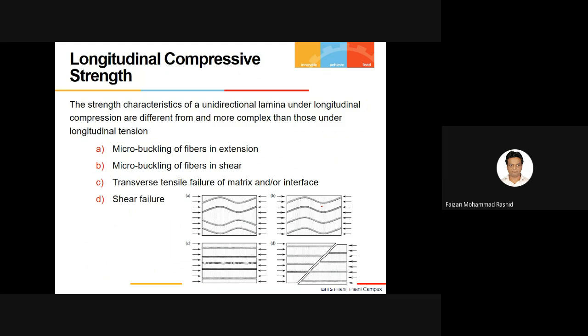Now this part, the longitudinal compressive strength, you see here the fibers are like this, and you are applying a compressive loading. When I was exploring this, I wanted to discuss it with you. I started with a lot of energy, but it is very, very complex to analyze, because buckling comes into play in this type of loading.